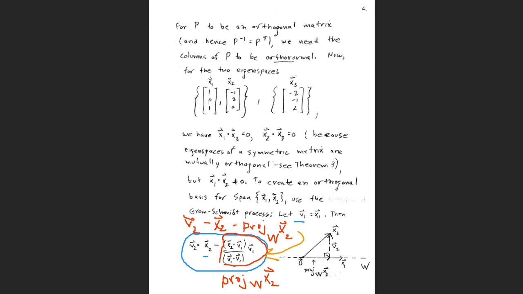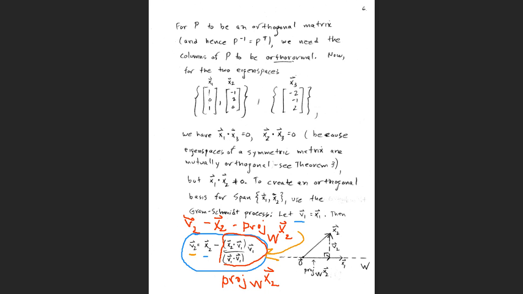We're not finding an eigenvector. v2 is not, I want to say this the right way. I have a subspace that's formed by the span of two eigenvectors. It's a two-dimensional subspace of R3.